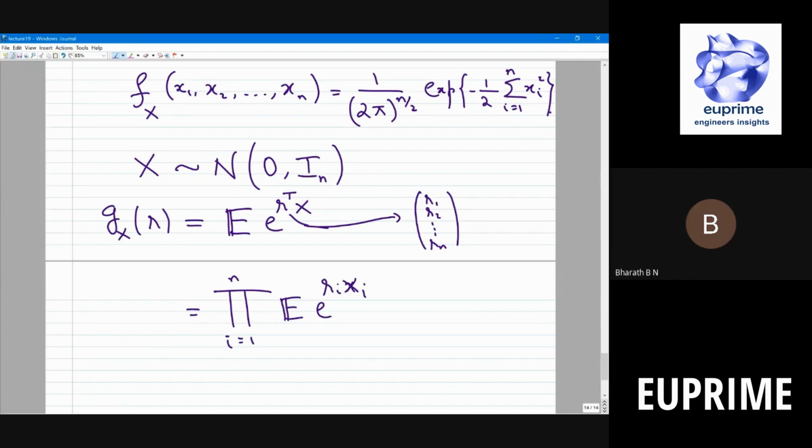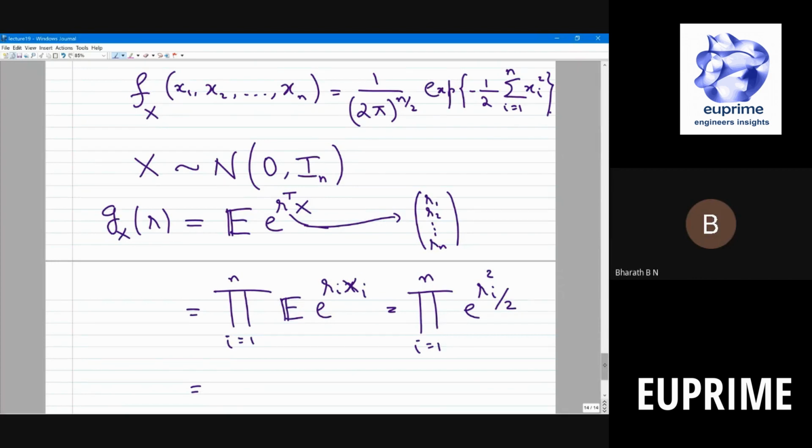But all of them are IID, so it's nothing but the MGF of one of them. So basically, I can write this as the product for i equal to 1 to n. What is the expected value of e to the power Ri Xi? It's e to the power Ri squared by 2. Do you agree with this?